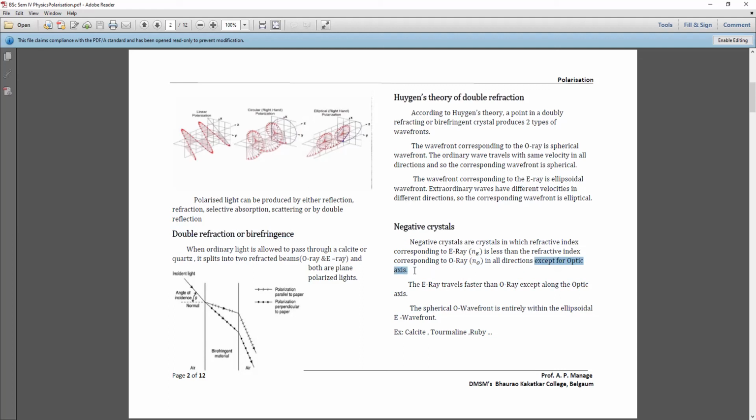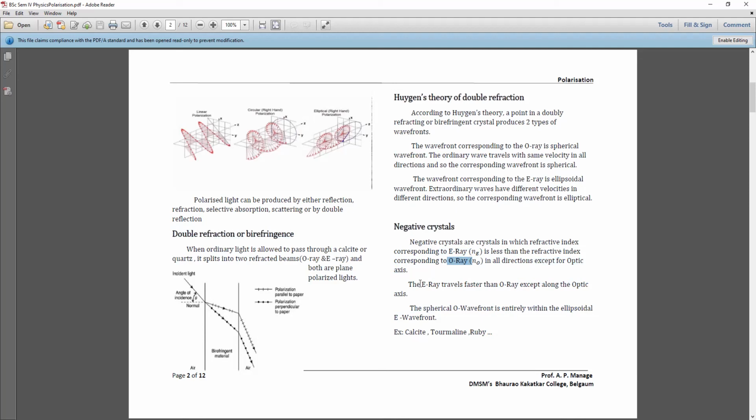So you note the examples of negative crystals: calcite, tourmaline, ruby crystals.